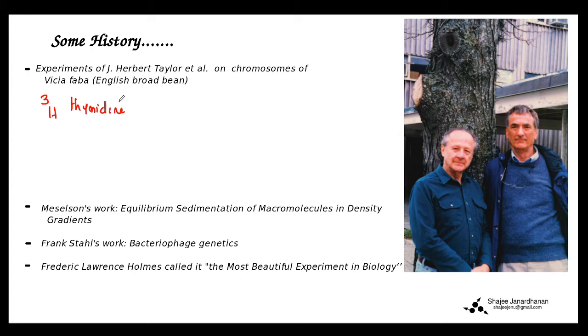Then he followed the radioactivity in the succeeding generations in a non-radioactive medium. What he found was that the radioactive entity in the chromosomes was maintained as a constant one from one generation to the next generation.